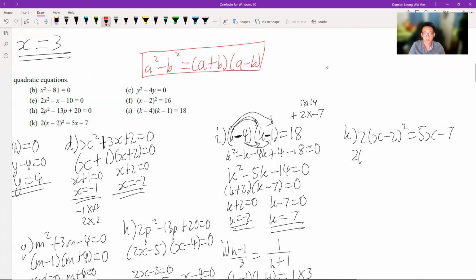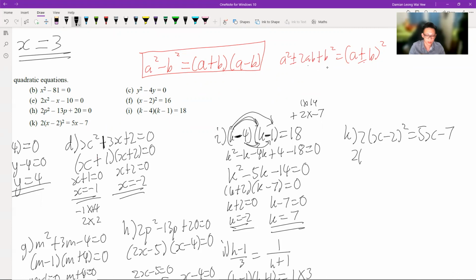The formula is (a plus or minus b) squared equals a squared plus or minus 2ab plus b squared. Square the first term. If it's plus here, then plus. If it's minus, then minus. 2 times a times b, plus b squared. That's how we expand, or how we can factorize from this to this.